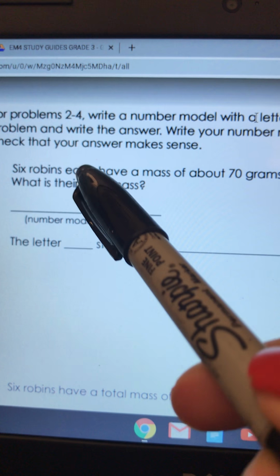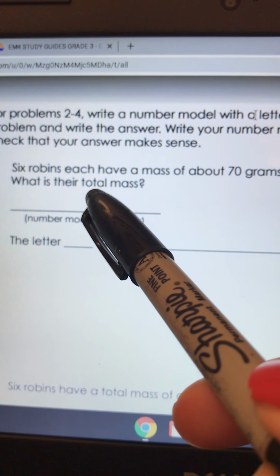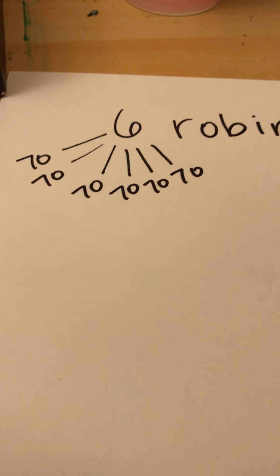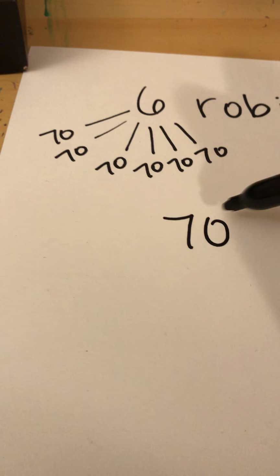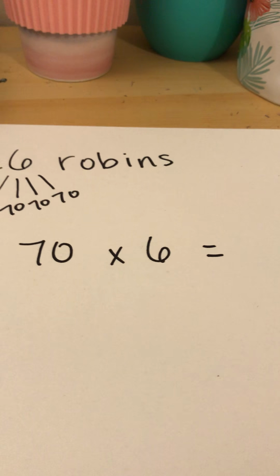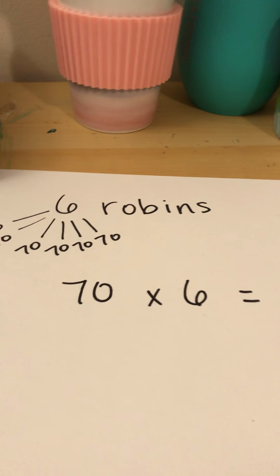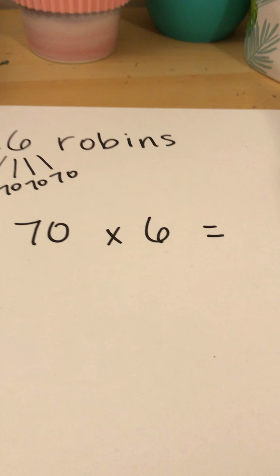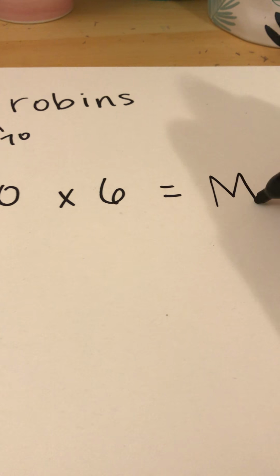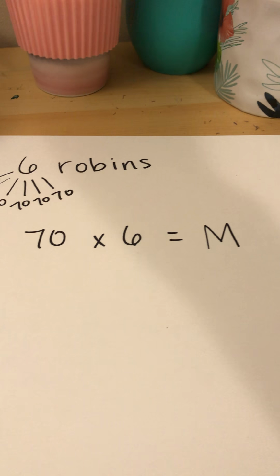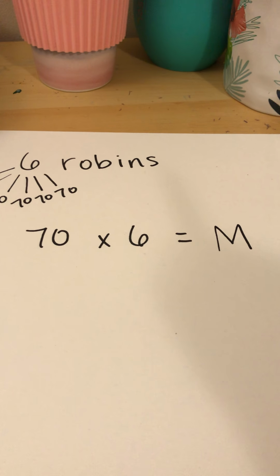So the word each and the word total tell me that this problem is going to be a multiplication problem. So what I'm going to do is 70 times 6 equals, and then I'm going to put in a letter. So they want the total mass, so I'm going to put M for mass. You can pick any letter you want, but I like to match it with what it's asking, okay?